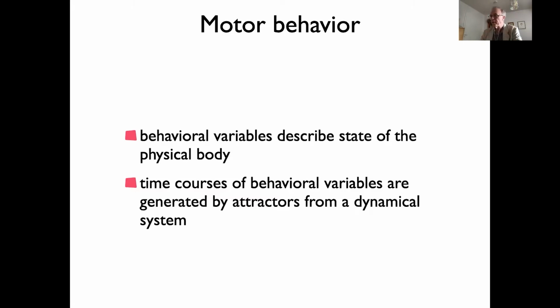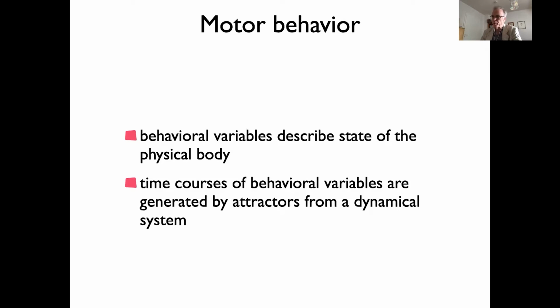So generally, when you talk about motor behavior, you're talking about state variables that describe whatever part of the body, actuator, effector, or so you're talking about. I'll be talking about this vehicle now. And for that, we call these variables that characterize the state behavioral variables.